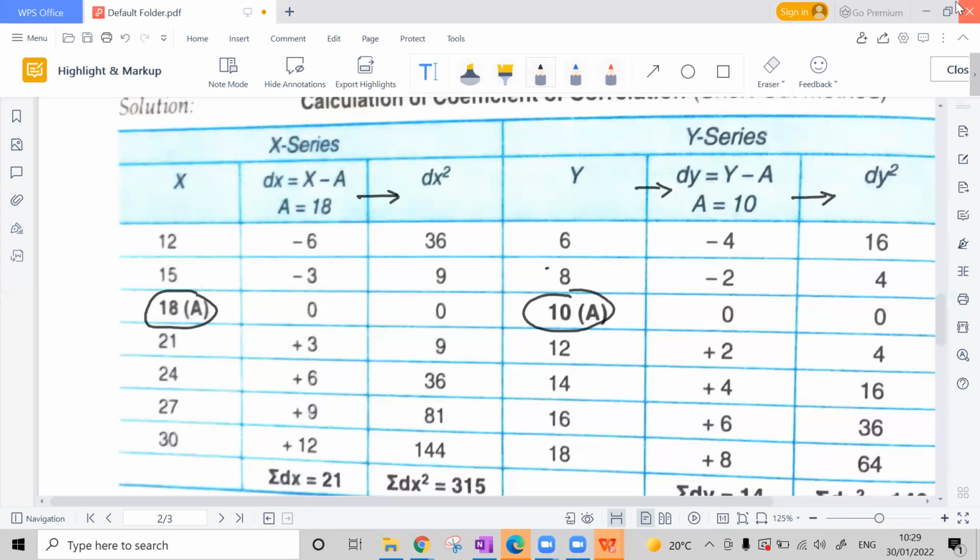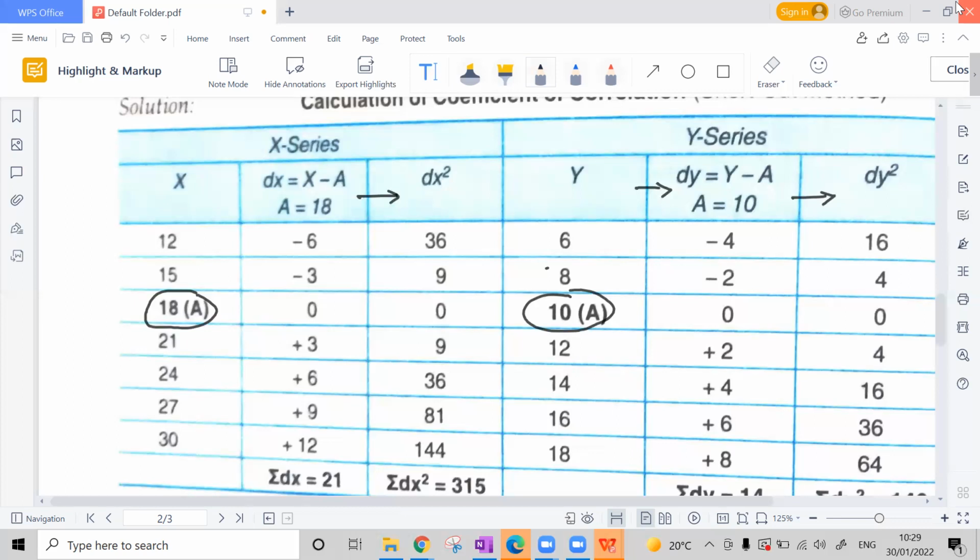Once you note down, kindly intimate me, then I will be moving further. Noted of y also, beta? Yes, sir. So y also notation has been done.